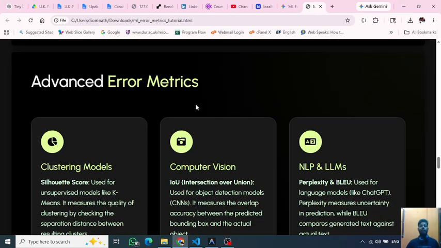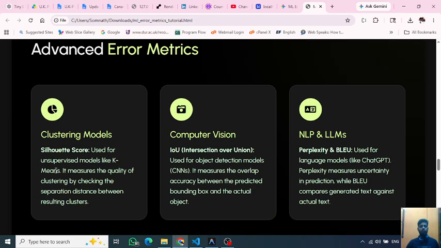And also some advanced metrics. For clustering models, silhouette score. Silhouette score is used for unsupervised models like K-means. It measures the quality of clustering by checking the separation distance between the resulting clusters.